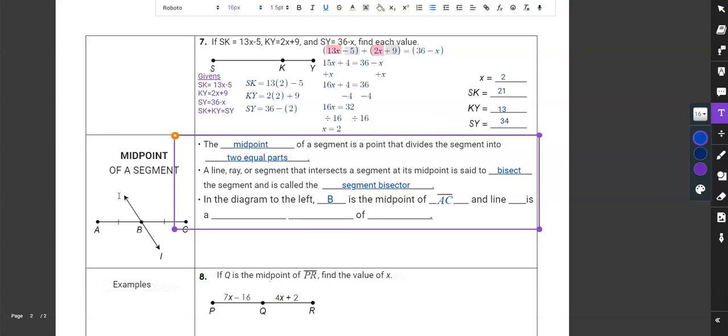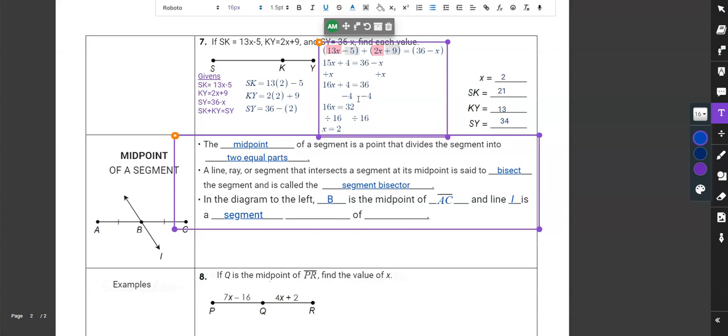And then we have this line here, line L. And again, remember, we want to make sure that we italicize our L by clicking the I up here. And it's going to be in lowercase. So line L is, one moment. Sorry about that, my blanks disappeared. So line L is going to be a segment bisector, is what they're looking for.